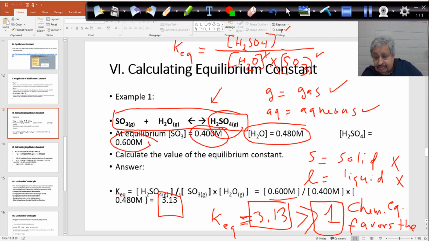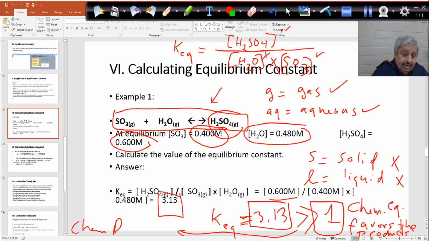Favors the products. And the conclusion out of this is that the chemical reaction goes to completion. So that's what it's really saying.